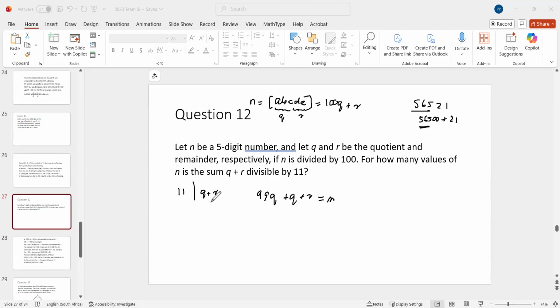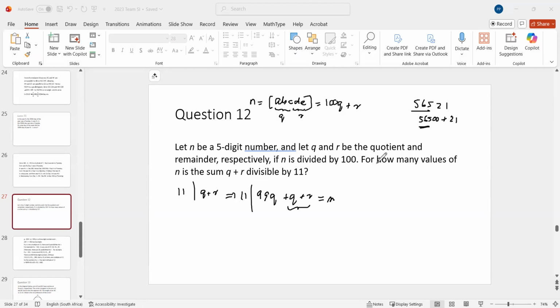Now, if 11 is a factor of Q plus R, and you're adding 99Q, which is also a multiple of 11, it means that 11 is a factor of this also, because you're adding a multiple of 11 to a multiple of 11. So 11 will be a factor of n.